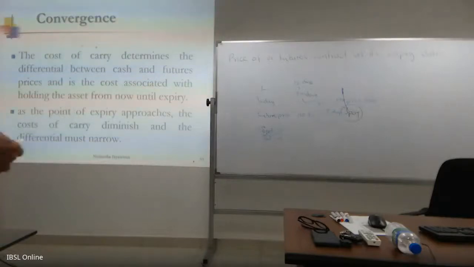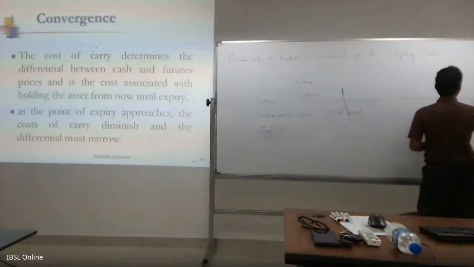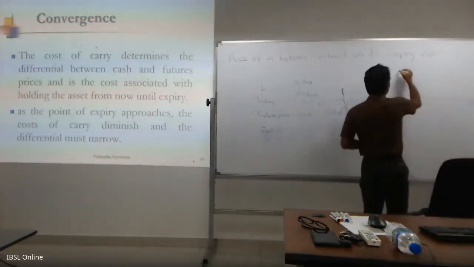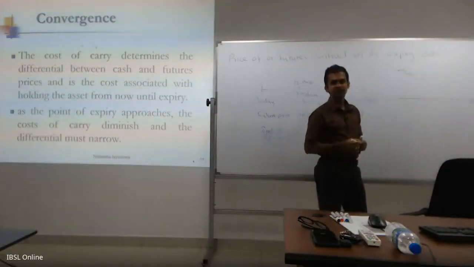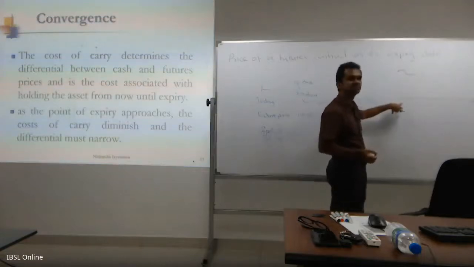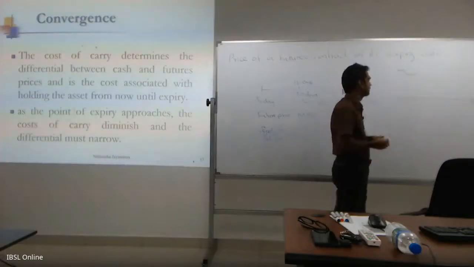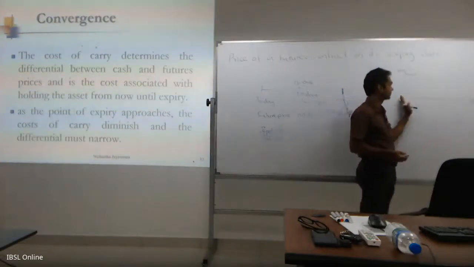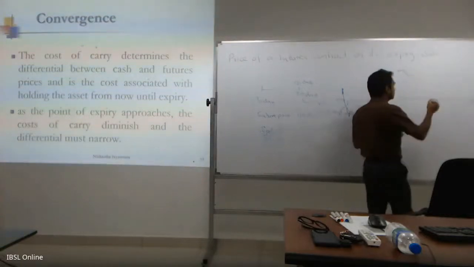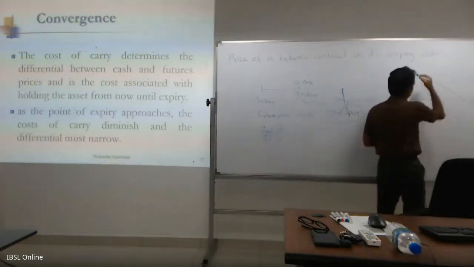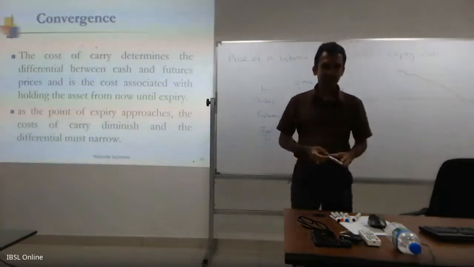So at the beginning, assume spot is fixed. At the beginning, the futures price may be higher than the spot price in a contango. But what would happen as time passes? This will gradually come to the spot, though it may not be in a linear fashion.